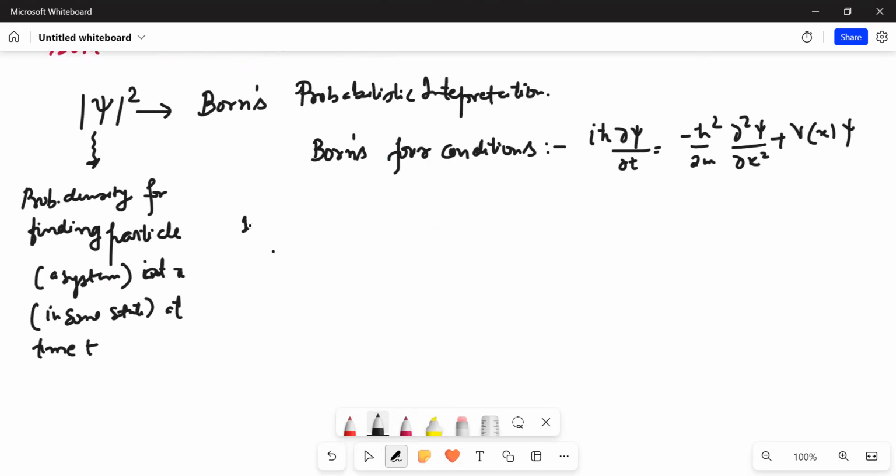So the first condition is that the wave function must be single valued. I'm just writing psi in one dimension; one can also write it in three dimensions. So psi must be a single valued function.